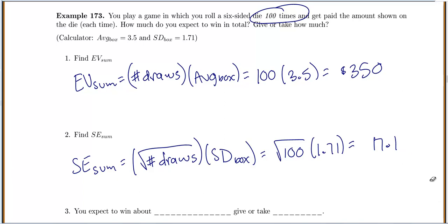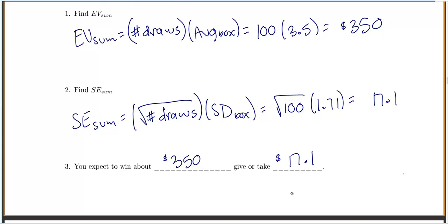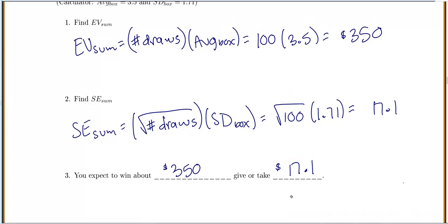So we expect to win about $350, give or take $17.1. What does give or take mean?